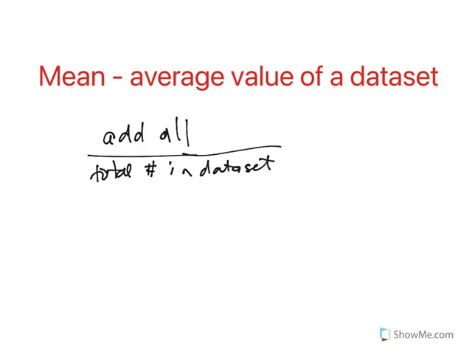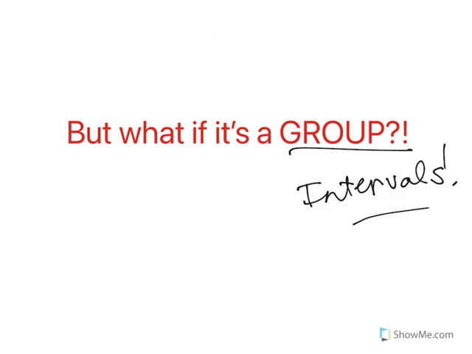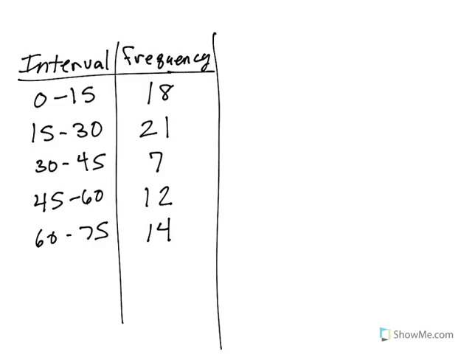Well, that's great if we just have maybe a small set. But what happens if we have a group? And when I say group, I mean, what if we have intervals? Because that changes things. If we look at this example, we are given 5 intervals and they all have a frequency.